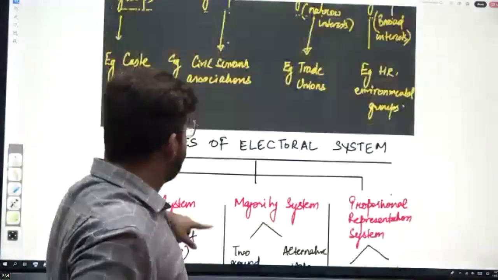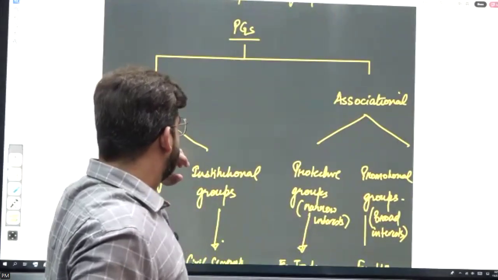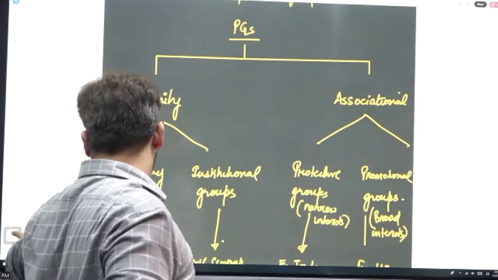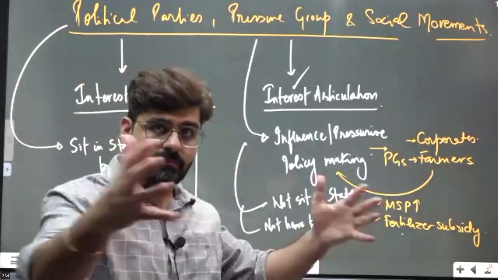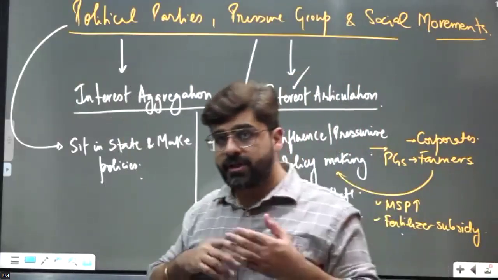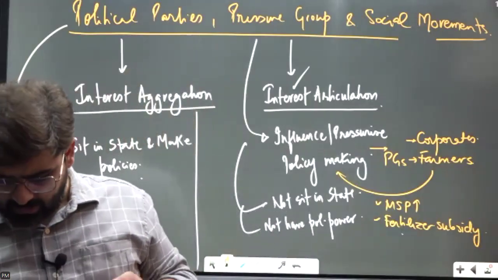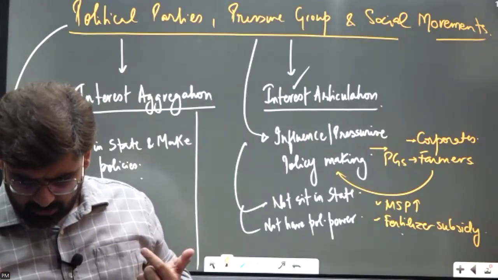Now the next discussion which we want to have is that, हमने ये जान लिया है प्रेशर ग्रुप्स और पॉलिटिकल पार्टीज के बीच का डिफरेंस क्या है. हमने प्रेशर ग्रुप्स को फर्दर क्लासिफाई कर लिया है दो तरीके से. प्रेशर ग्रुप्स के मेथड्स की बात मैंने तुमसे कर ली है. I think this is the thing which I wanted to discuss with you. प्रेशर ग्रुप्स के टॉपिक में यही है.